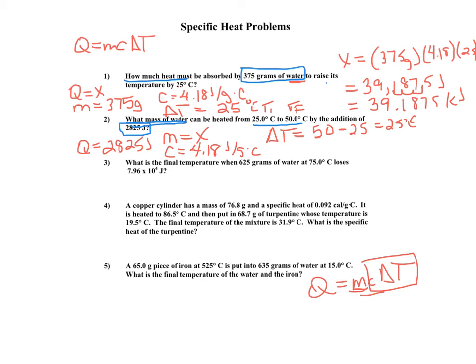So I need to divide both sides by C delta T. These cancel each other out. So for our equation, we're going to use M equals Q divided by C delta T.